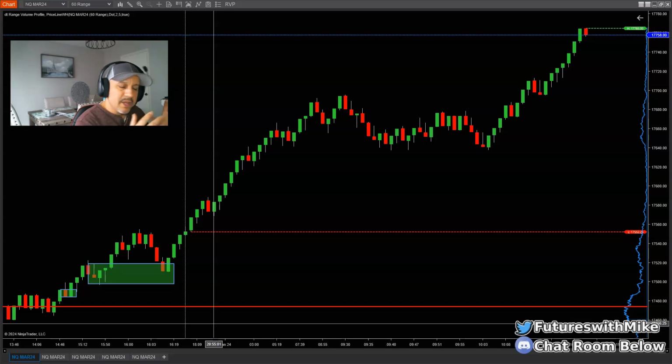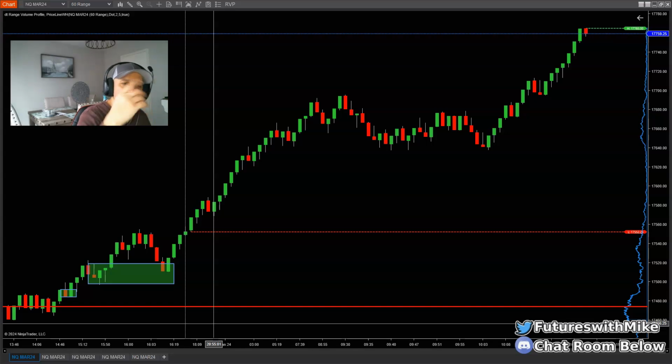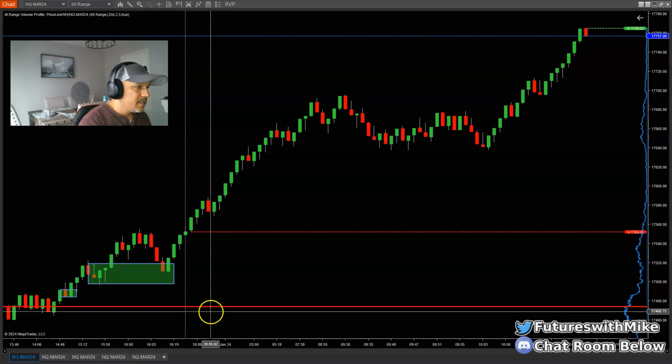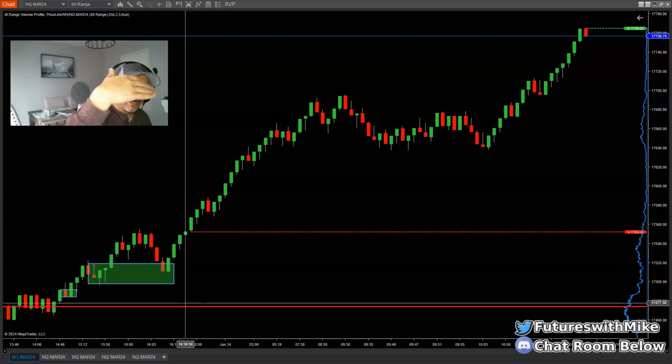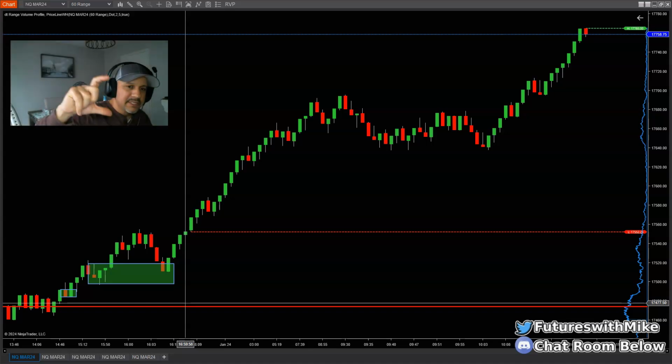Why? Because if we're looking at our higher time frame charts, of course the market could be moving to the upside because the swings are going to be bigger. The market is making higher highs and higher lows if we're trending to the upside. So there could be a lot of variation of movement within one big swing on a higher time frame when the market is moving to the upside.